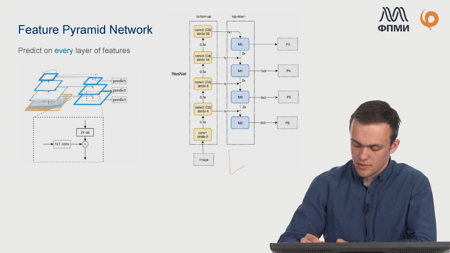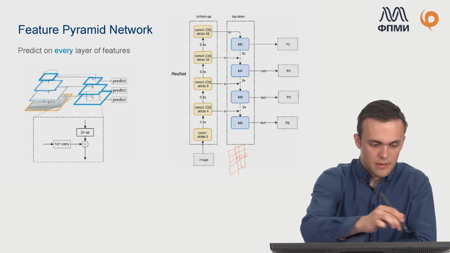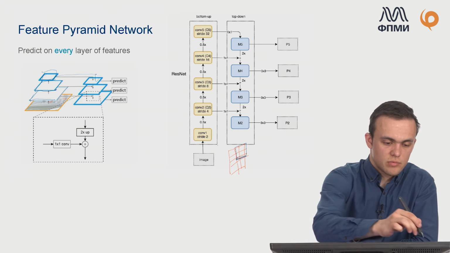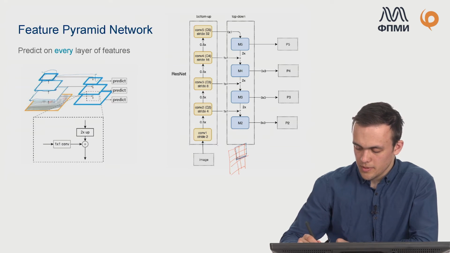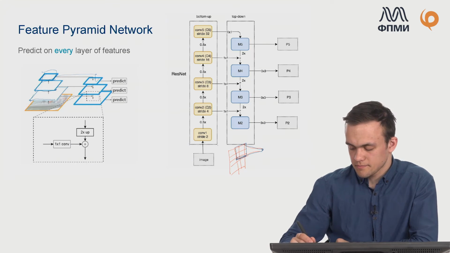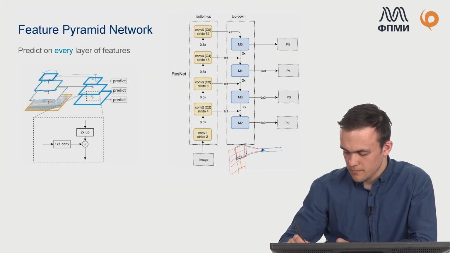Imagine we have this grid, and we apply a convolutional filter, which is 2 by 2, and obtain some vector.